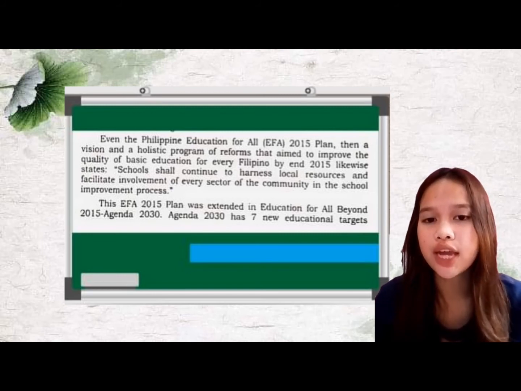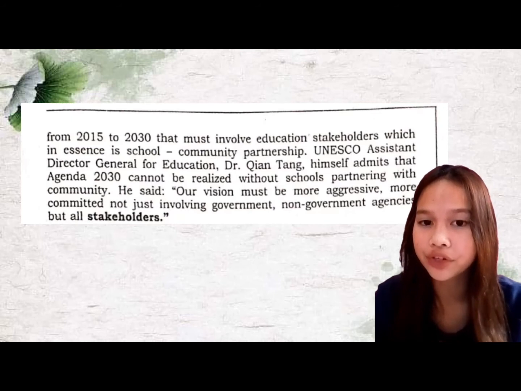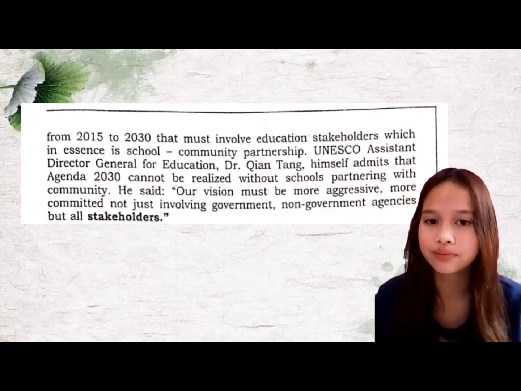Agenda 2030 has 7 new educational targets for 2015 to 2030 that must involve education stakeholders, which in essence is school community partnership. This stakeholder is the school and the community.